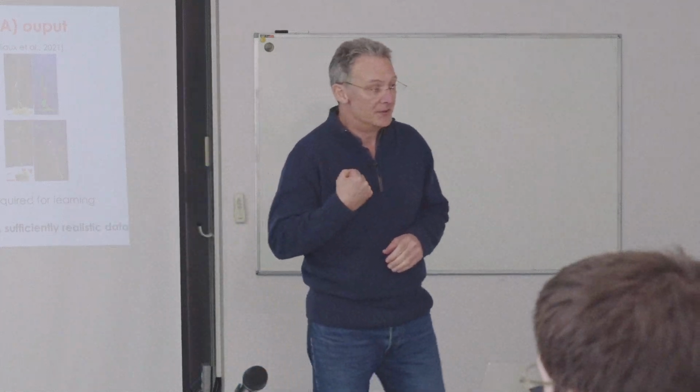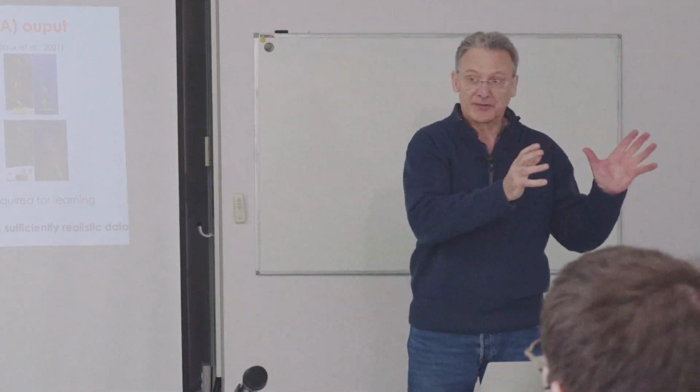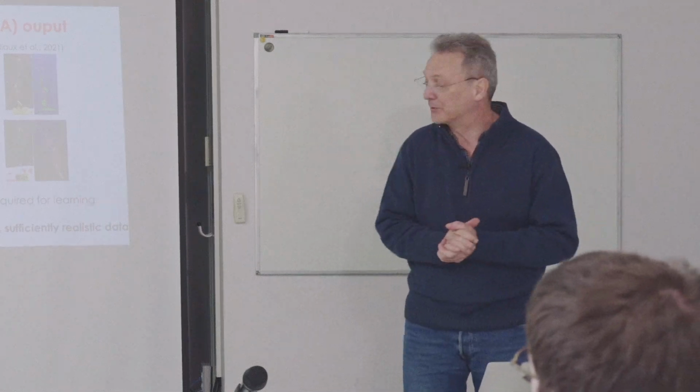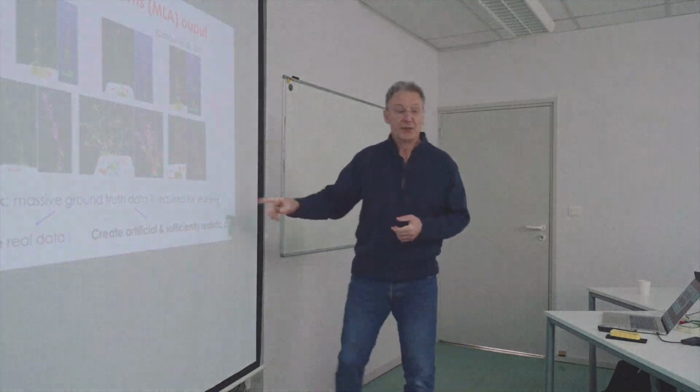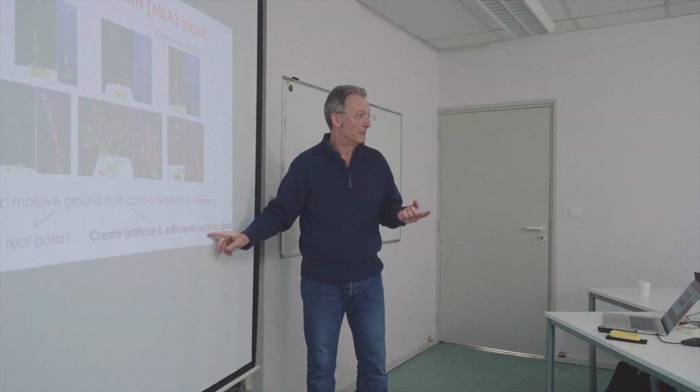Because as we designed the virtual plant, we know that this part of the point cloud corresponds to a leaf, this part of the point cloud corresponds to a stem. And because of this, it is possible to automatize the training of the system.